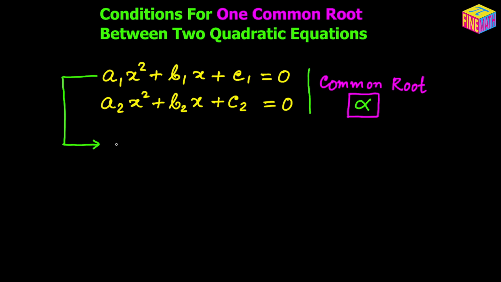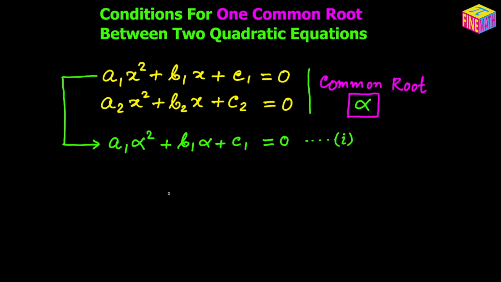That means we can say a sub 1 alpha squared, so in place of x squared, I'm now going to put the value of alpha for x. So I'm writing a sub 1 alpha squared plus b sub 1 alpha plus c sub 1 must be equal to 0. If alpha is a root of that equation, then alpha must satisfy the equation. So this is our one very important equation here. Let's mark it as equation number 1.